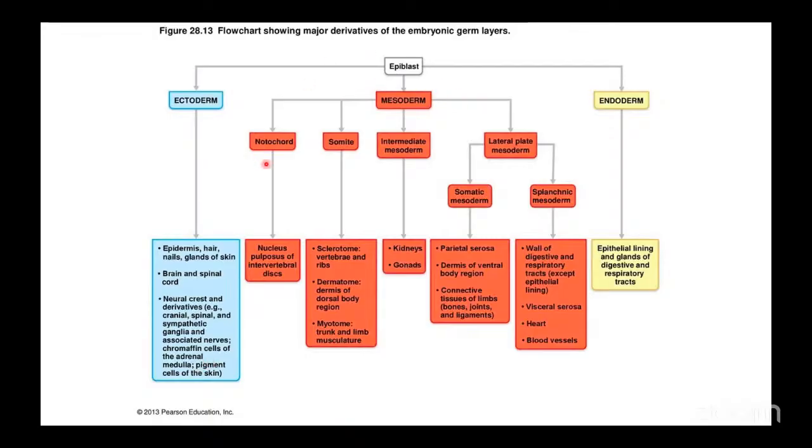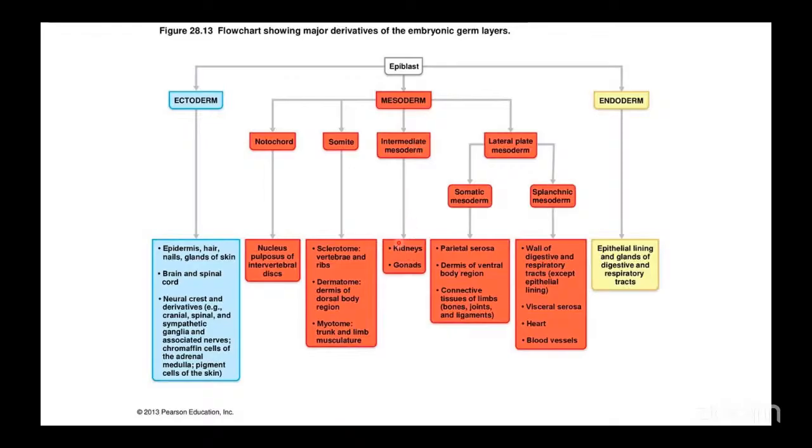For the mesoderm, your notochord, your somites, which come from the paraxial mesoderm. This will give rise to the sclerotome, which are the vertebrae and the ribs, the dermatome, which is the dorsal skin or dermis specifically, and then the myotome, which gives rise to the trunk and limb musculature. Okay, so the muscles of the trunk and the limbs.